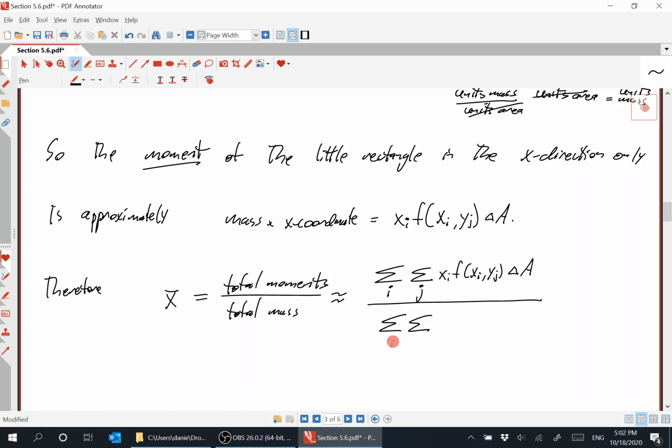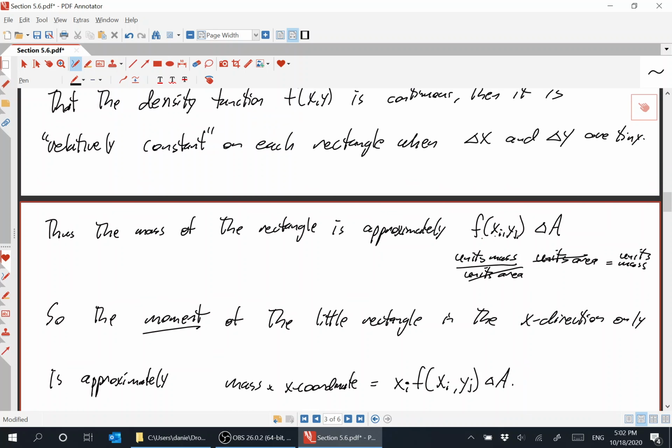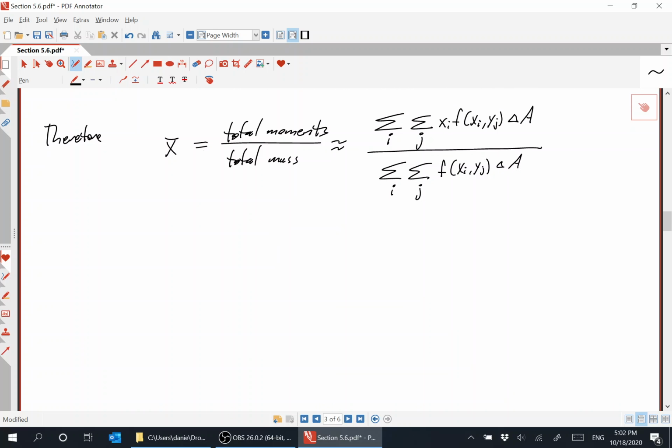And then the mass, like we were saying before, is approximately the sum of f(x_i, y_j) delta A. The approximation gets better and better as delta x and delta y both go to 0.